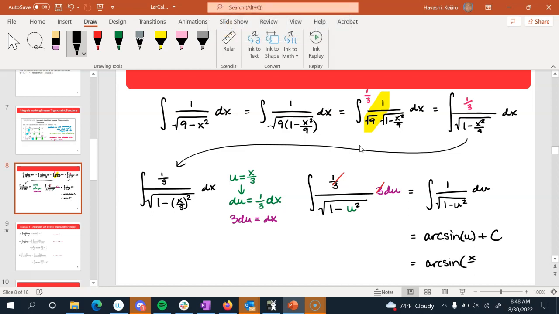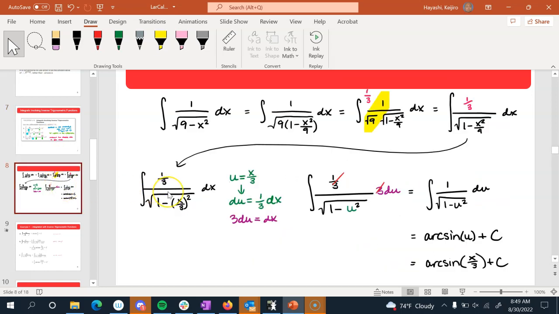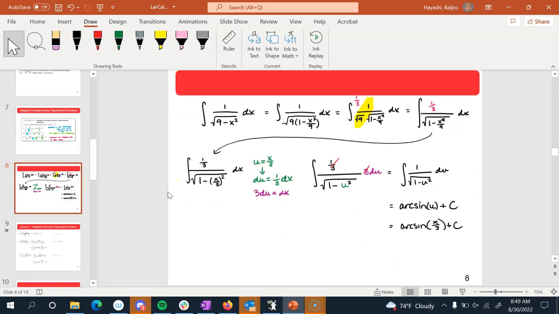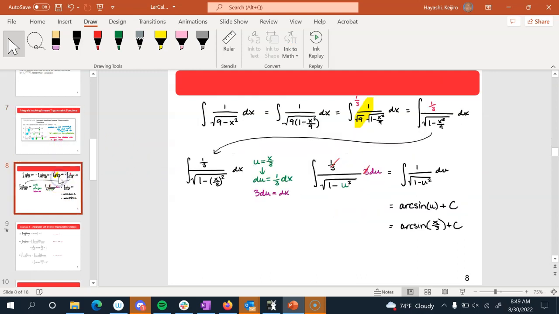So that's simply the arc sine of x over 3 plus c. Okay, so that's how you would do this if you refused to learn these forms, in terms of identifying what a and u are. But if you did allow yourself to learn these forms, then this is what you could do instead.